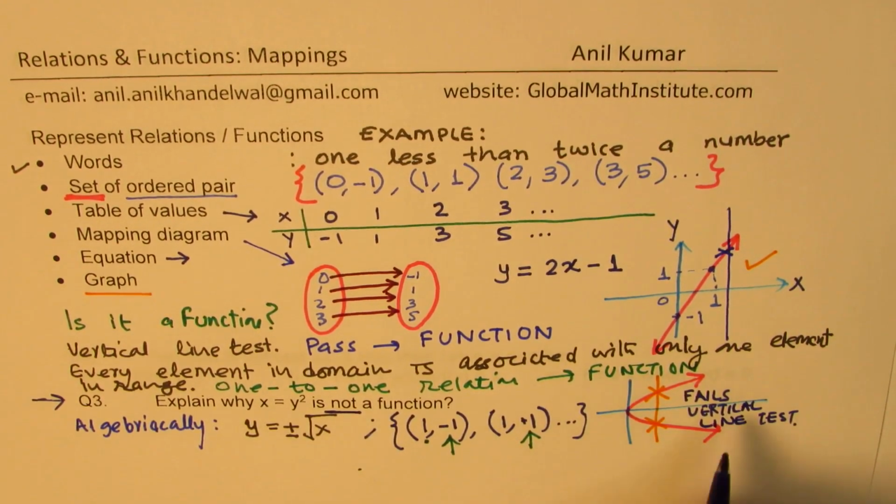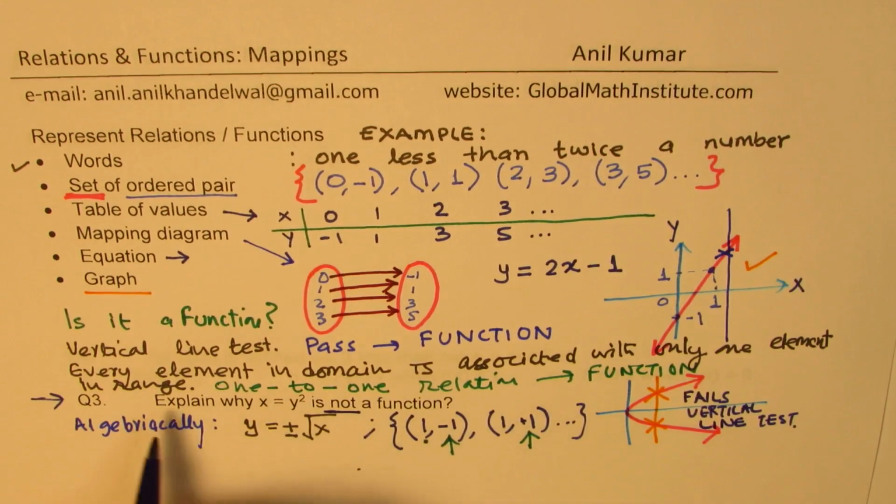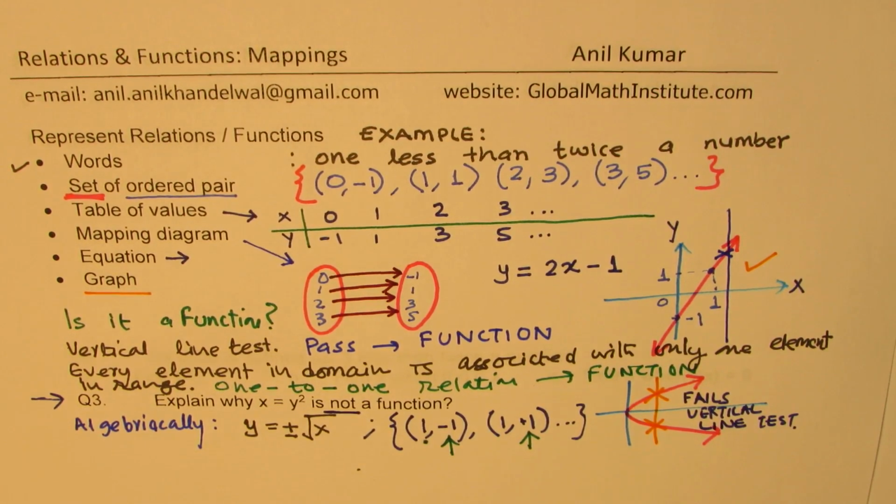So these are different ways of proving that the given statement represents a relation but not a function. Is that clear to you? Perfect. So I hope it makes sense.